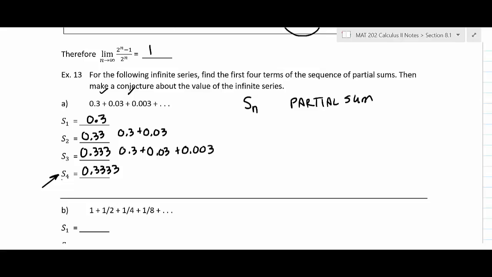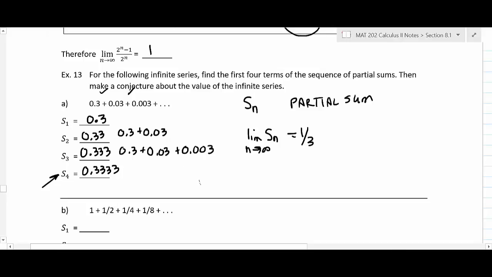And what is infinite 3s in a decimal? What is that number? 1/3, right. So it would appear that if we did the limit of the partial sum as n goes to infinity, that it's going to 1/3. So that would be another example of a sum that's adding to something.